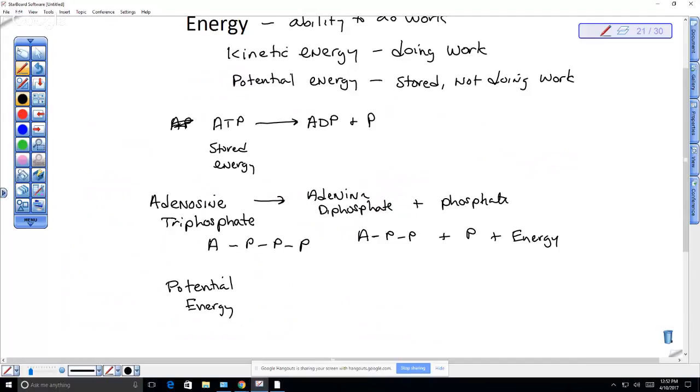So our muscles store lots of ATP, and then when the ATP gets converted, then it turns into kinetic energy. So this is chemical energy. And this would be, if it's movement, it would be mechanical energy.